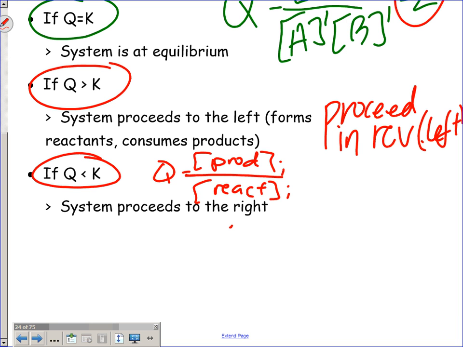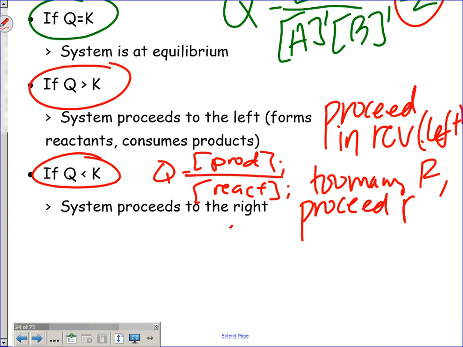So if you have too many reactants, you need to proceed which direction? Right, you're going to proceed right, or towards products, to increase the products so the numerator gets bigger, and decrease the reactants because they get consumed to make the denominator smaller, so it balances out. So eventually Q can equal K.